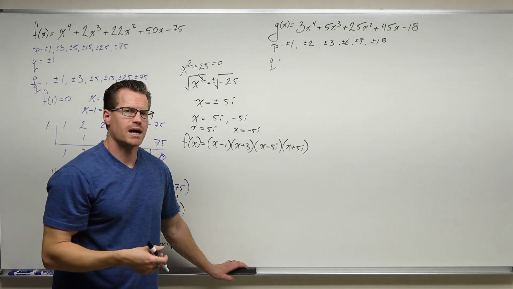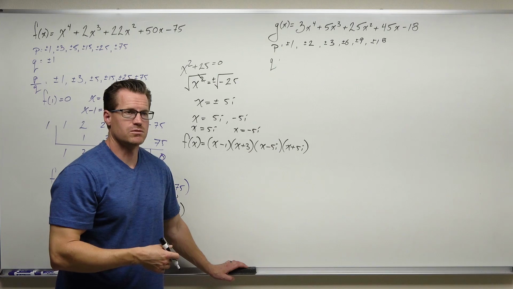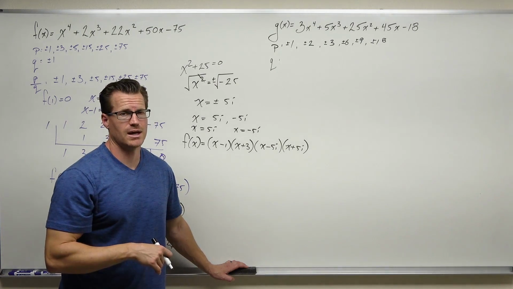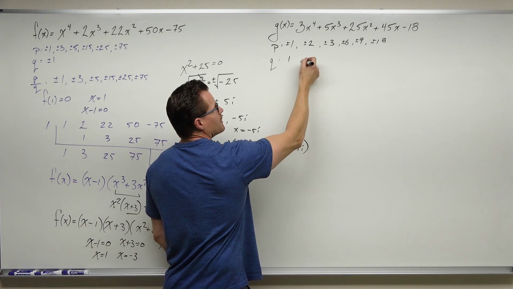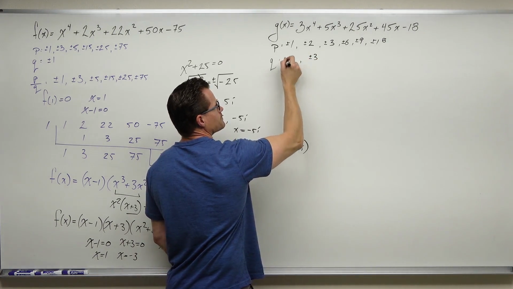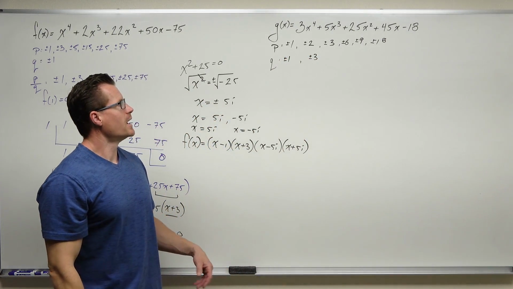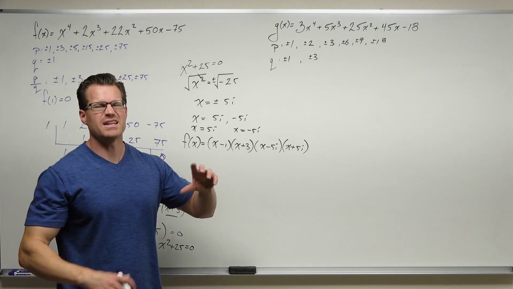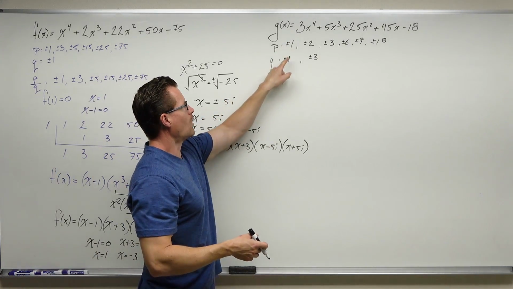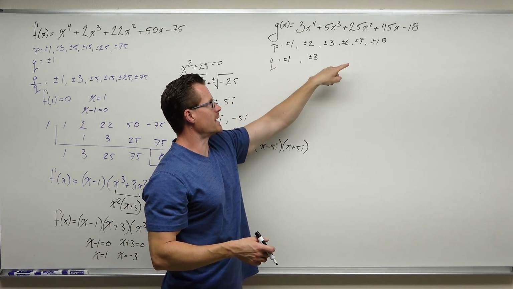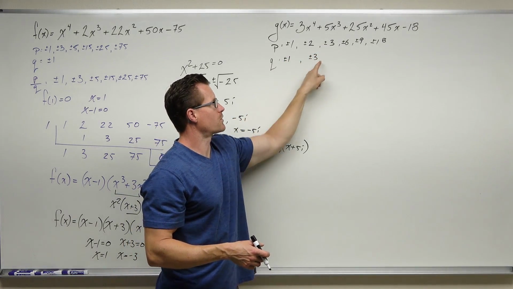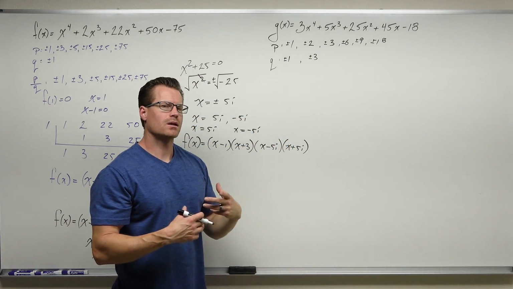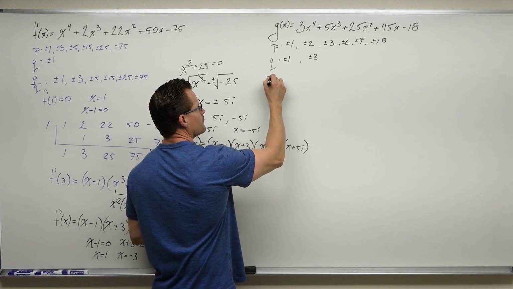If Descartes' rule of signs said, hey, you have no sign changes, you have no positives, then we'd just be looking at negatives and make it a lot easier. For q, we have 1 and 3. Those are the only factors. And so our list of things to check is going to be 1, 2, 3, 6, 9, 18, 1/3, 2/3, 1, 2, 3, and 6. So we get a lot of repetitions here.